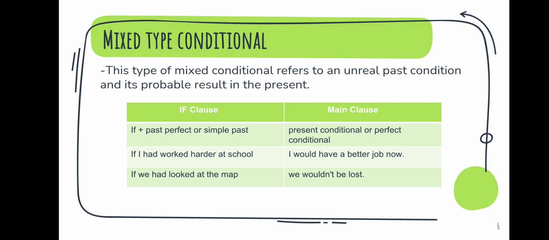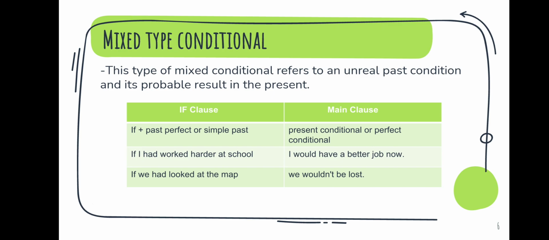And its function: the function of the mixed conditional refers to an unreal past condition and its probable result in the present. This sentence expresses a situation which is contrary to reality, both in the past and in the present. In these mixed conditional sentences, the time is the past in the if clause and the present in the main clause.